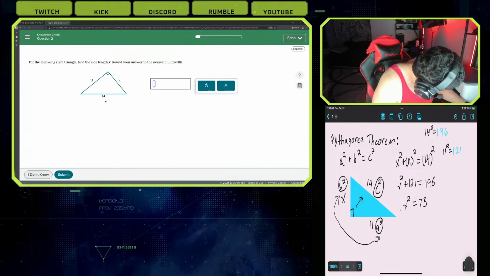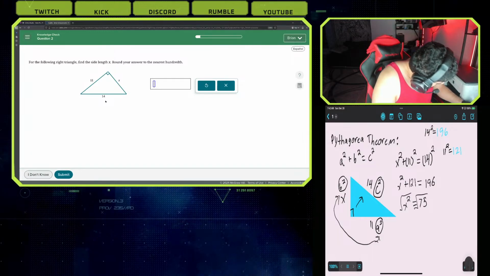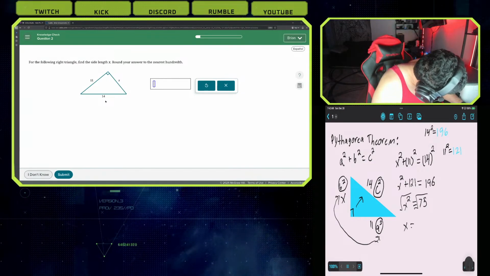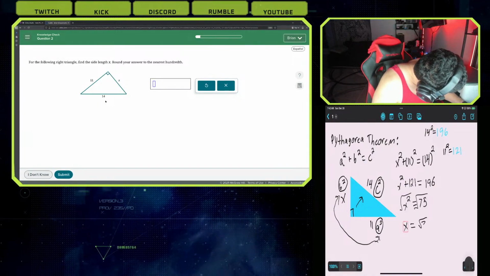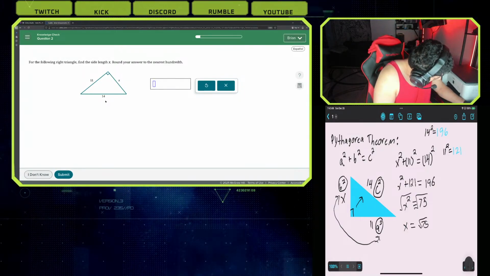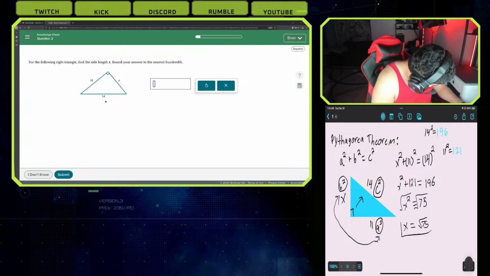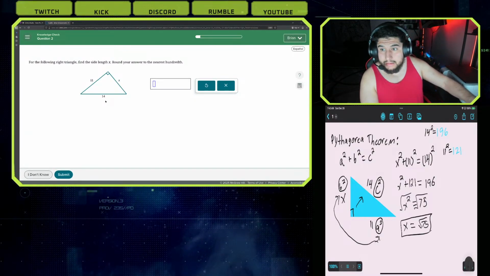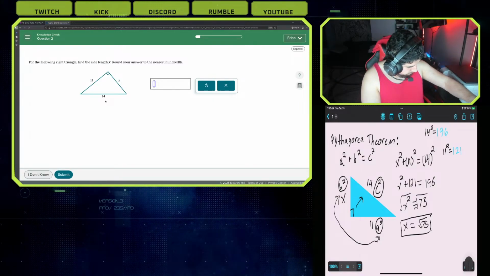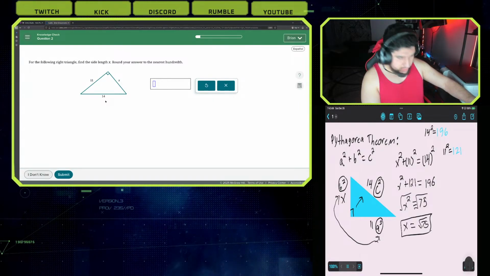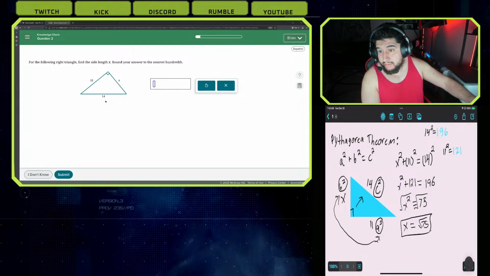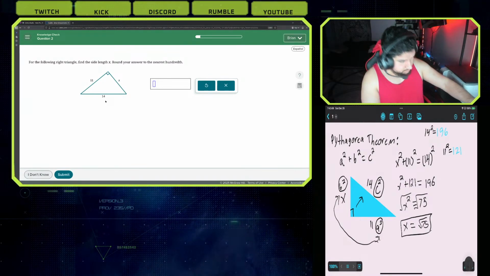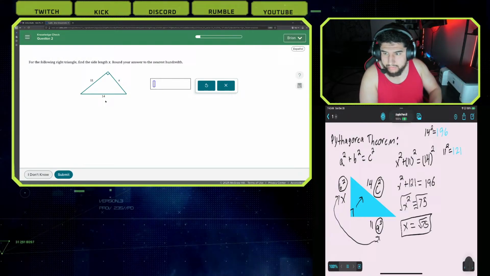Now the square root of both sides. That is gonna be x equals the square root of 75. I'm guessing that is what x equals. Right? Or am I messing up again? So x is root of 75.